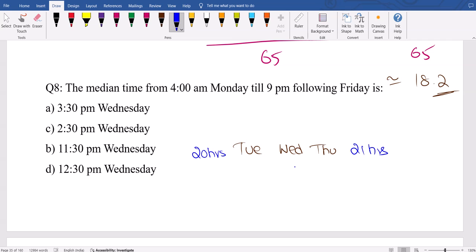So fine. What we can do? If you want, we can just add all those timings. Middle one, middle timing. Here, what I can do, 20, 24, 24, 24, and 21. 72. This is a different question altogether. 72 plus 20.